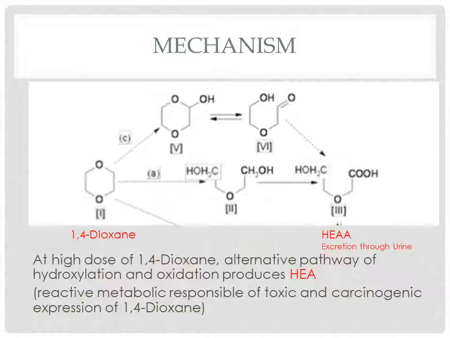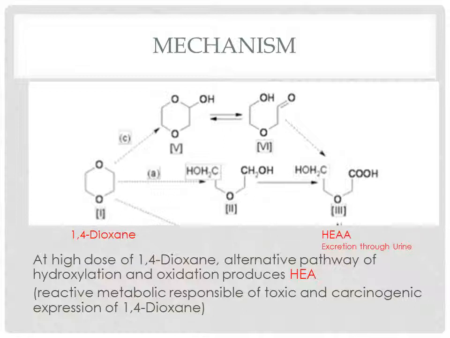So there is one known mechanism by which 1,4-dioxane becomes toxic and carcinogenic in our body. Normally when we are exposed to 1,4-dioxane, our body goes through metabolism to convert it to a chemical called HEAA, so that our body can excrete it through urine and other excretion methods. However, when we're exposed to a high dose of 1,4-dioxane, due to the limited capacity of our body to convert it to HEAA, it takes an alternate pathway of hydroxylation and oxidation, which ends up producing something called HEA.